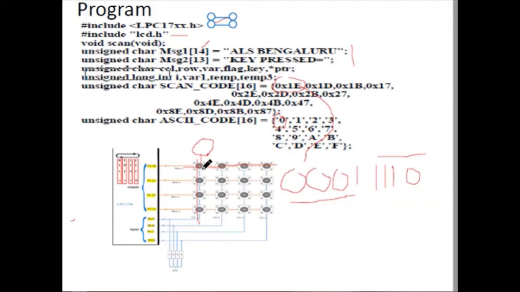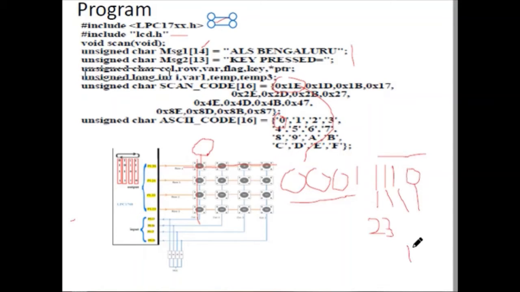So how it will give you the value, you have to understand here. Now you can check here, this is the 23rd bit, this is 22nd, 21st, and this is the 20th bit, the pressed key.